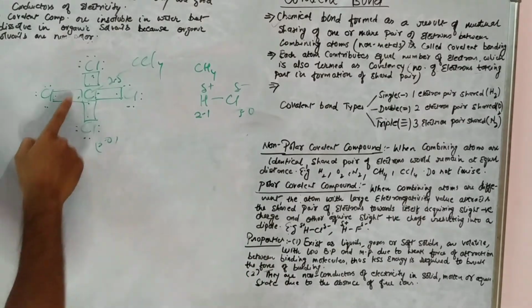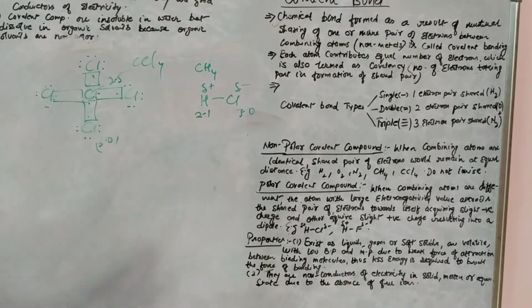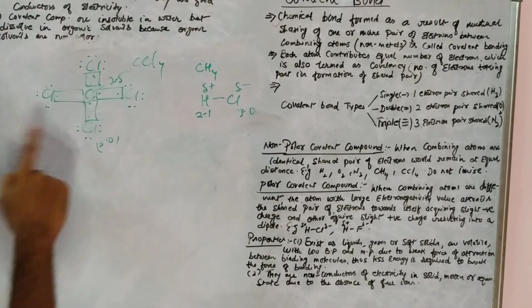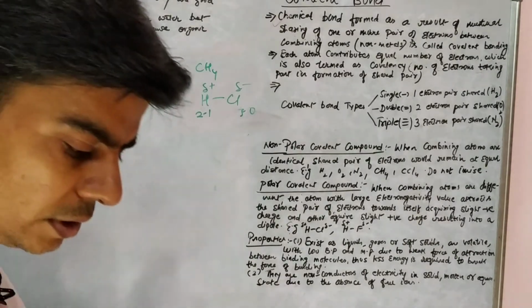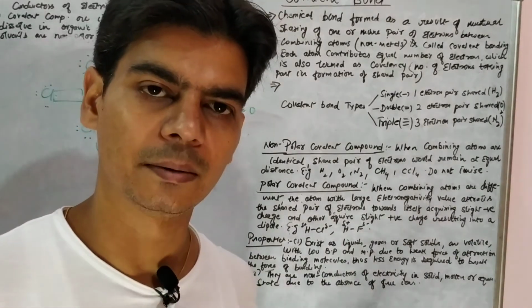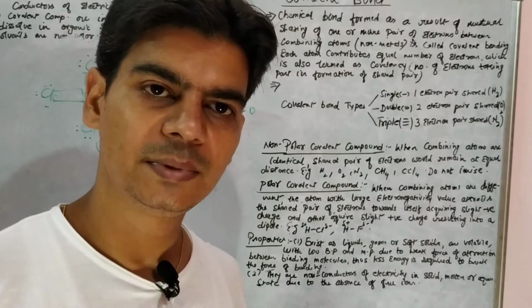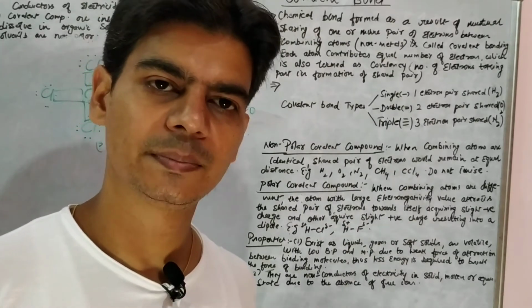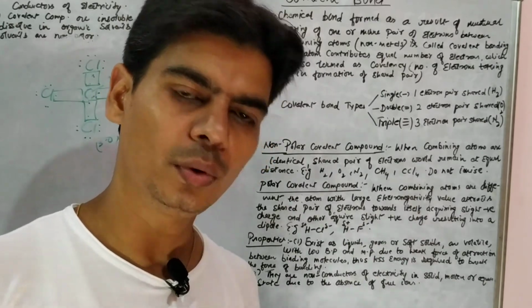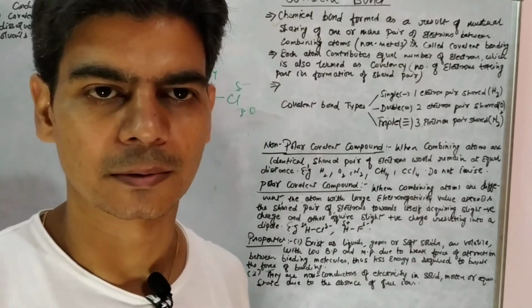Because there is very low electronegativity difference between the carbon and chlorine bond, no polarities develop, and no polarities means no ions in solution. No ions means there would be no electrical conduction in solution, right?